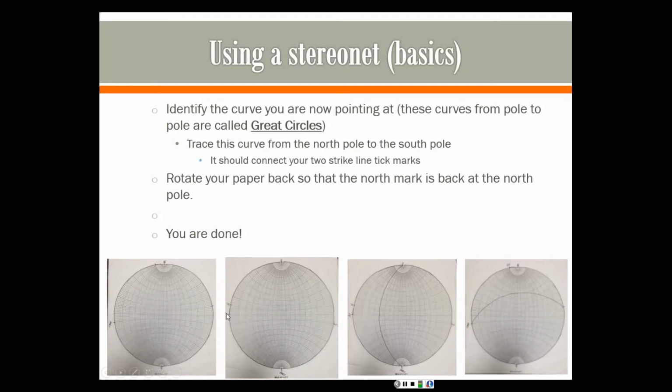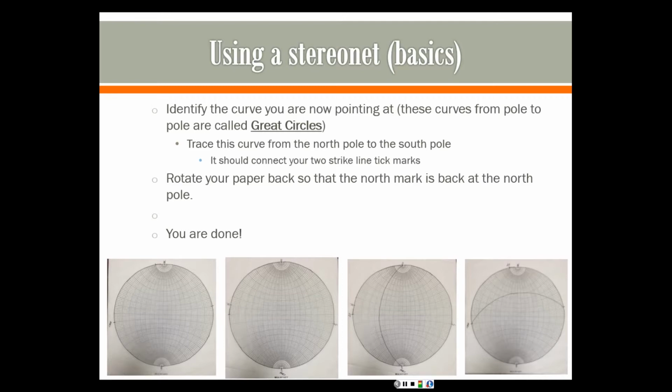My dip direction is exactly on the west end of the equator, and my other tick mark is right at the north pole. So I actually counted them correctly, and they're where they should be. I count straight in along the equator. There's 1 bold line, 2 bold lines, 3 bold lines, and 4, so 40 degrees. I trace that great circle arc all the way from the north pole to the south pole.